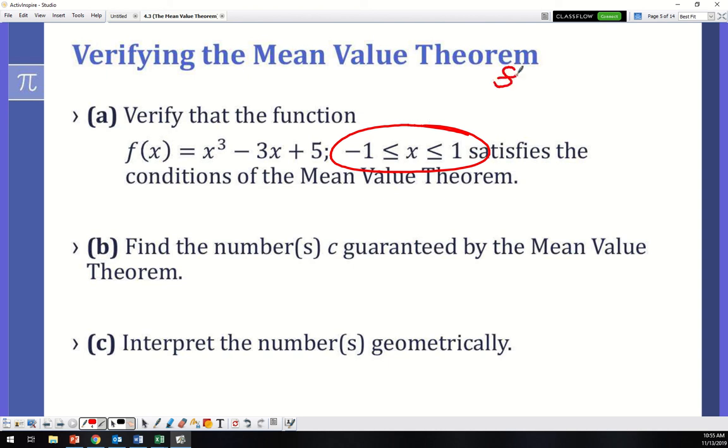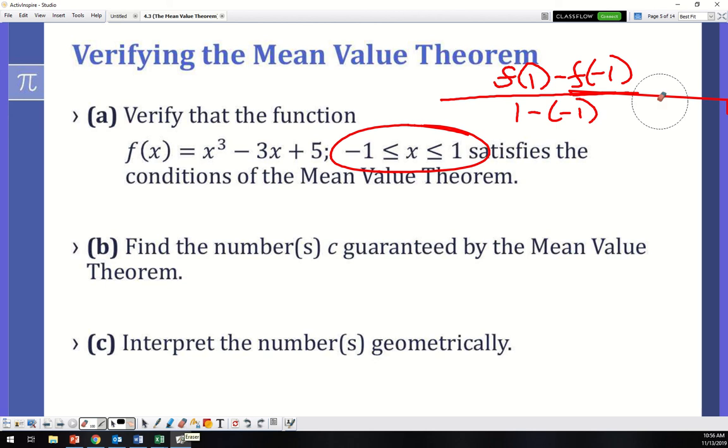Okay. So f of 1 minus f of negative 1 over 1 minus negative 1. Do the math right now.